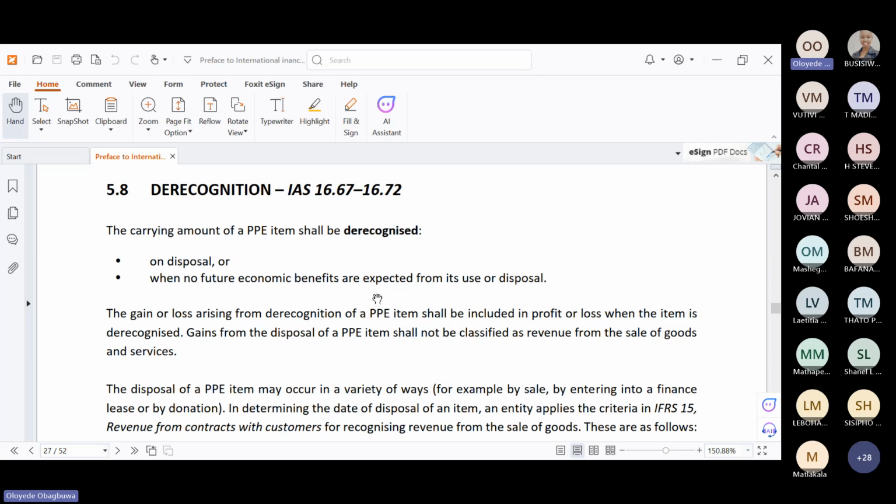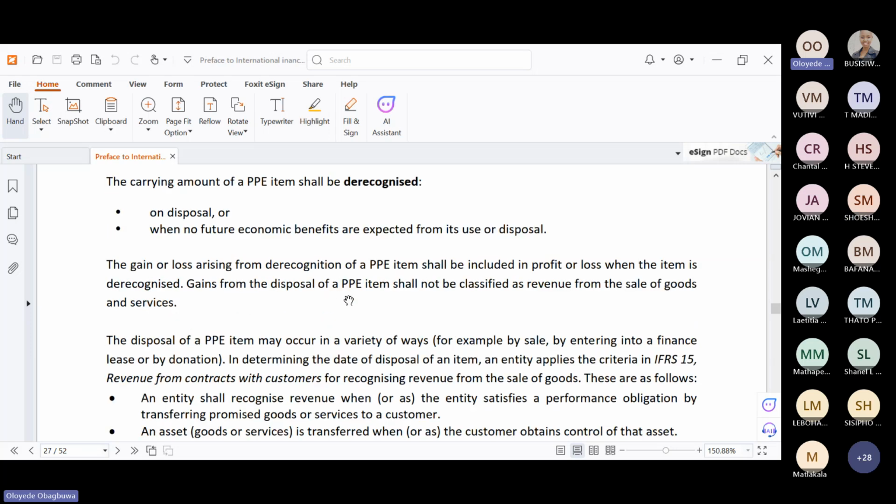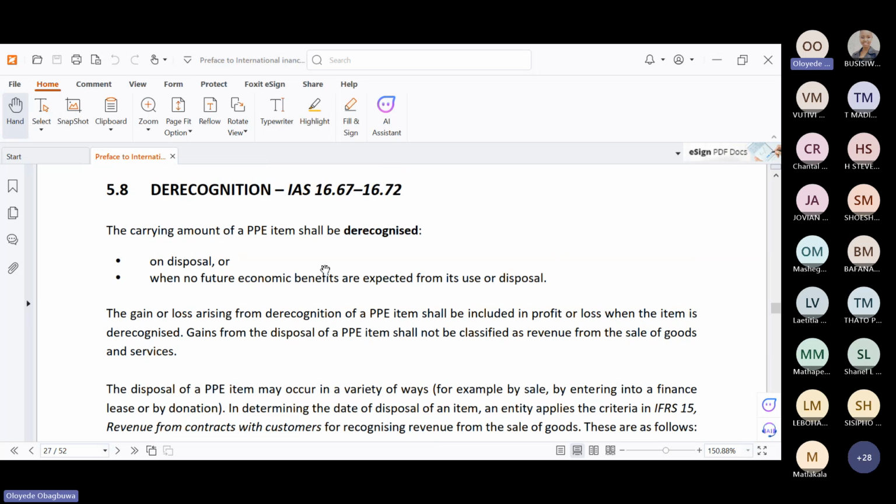We take it out. You are going to see it in an example. Once you have disposed of the asset, we determine the carrying value at disposal, and such will be removed from the books.